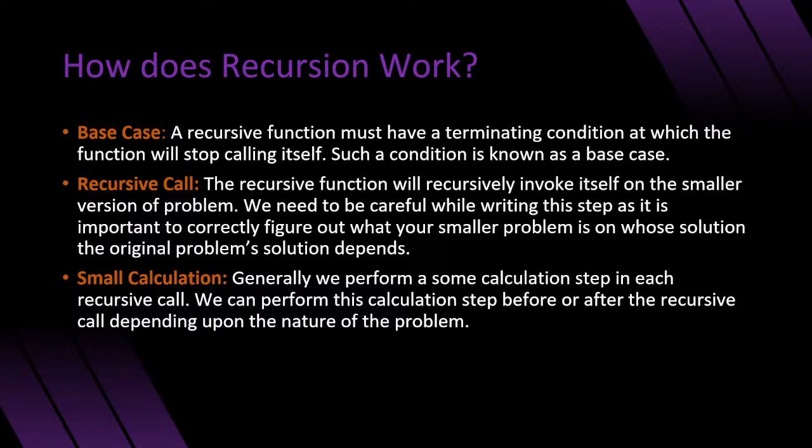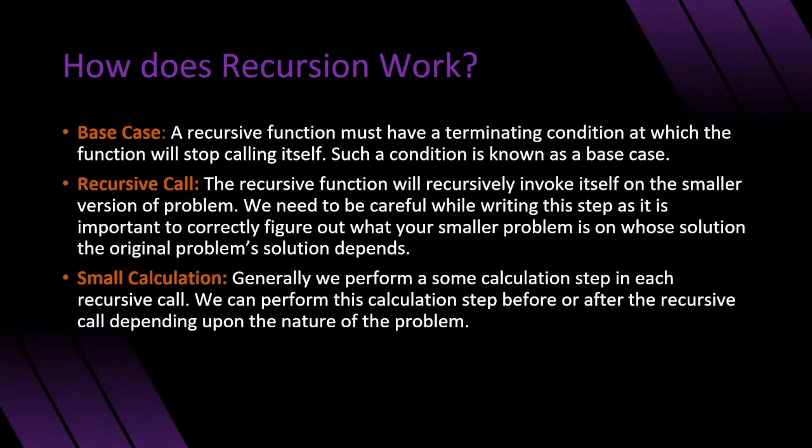And finally, we have the small calculation. In each recursive call, when we get our answer from the smaller problem, we have to do some kind of a computation on this. We just do some calculation on this and then we return it to the higher function.